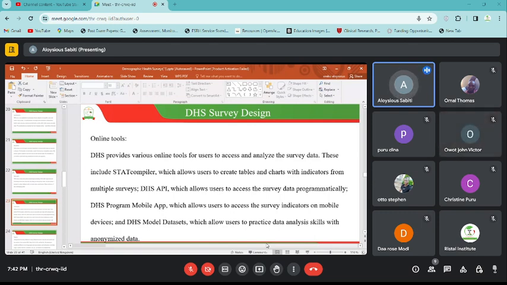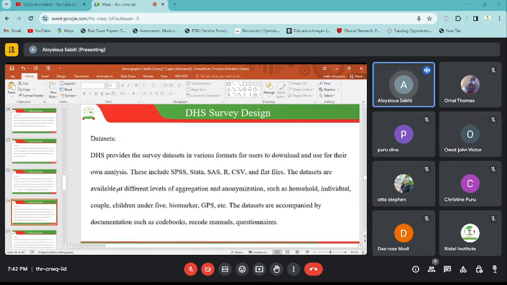But then lastly, they have what they call the DHS model datasets, which allow users to practice data analysis skills with anonymized datasets. So it is important that you pick interest in trying to do analysis, but also in trying to understand the DHS survey online tools.